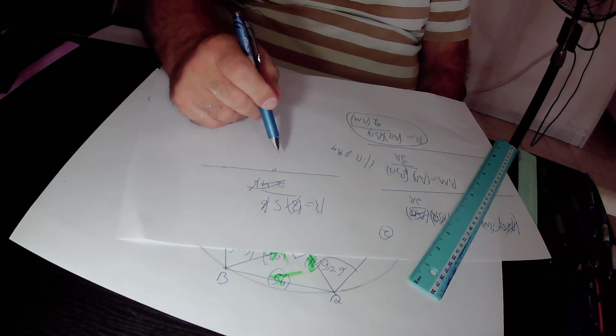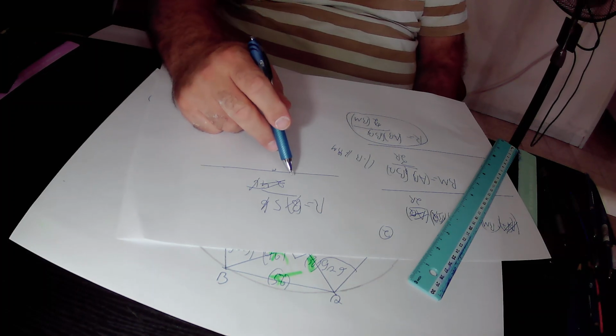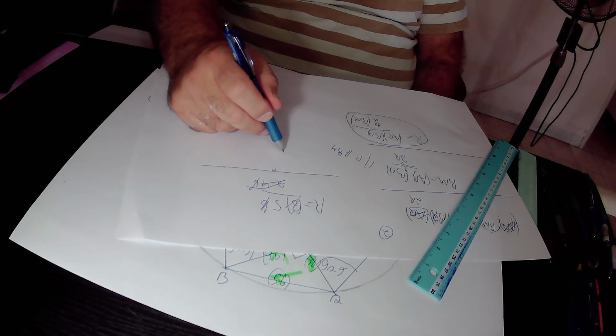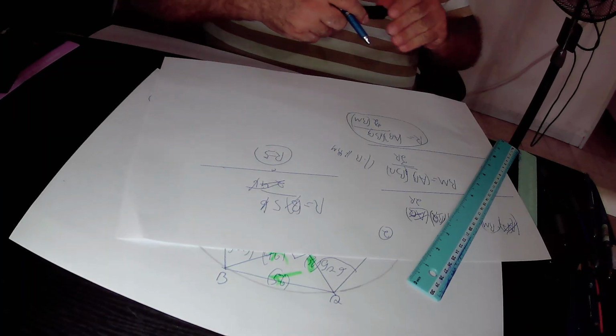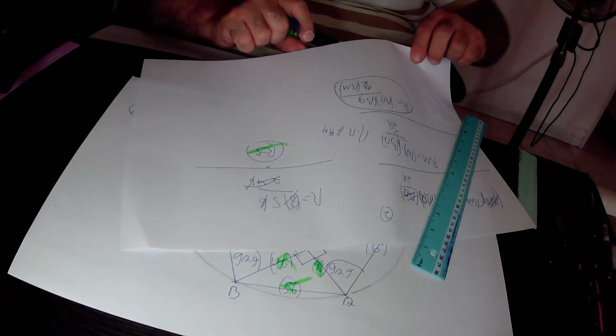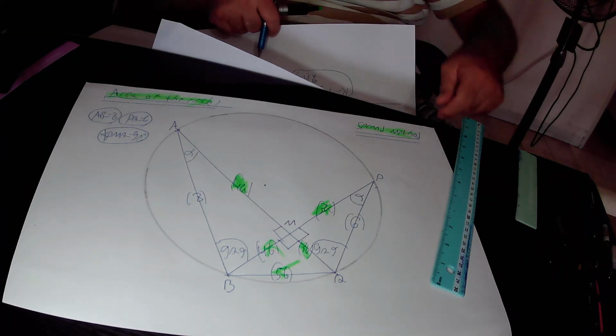So we found out in total that R equals 5 units in its length. So the radius of this circle equals 5 units in its length.